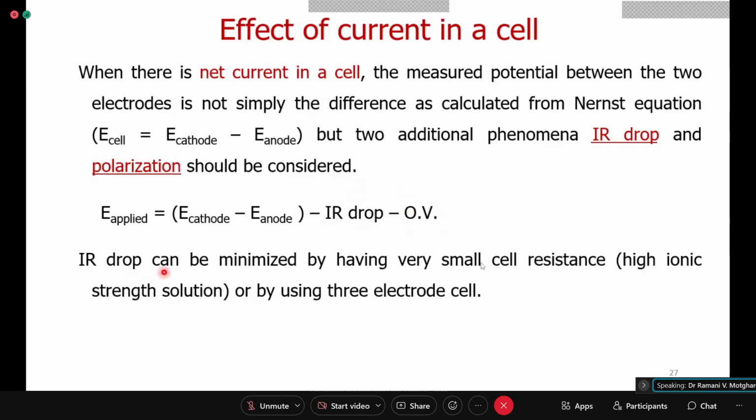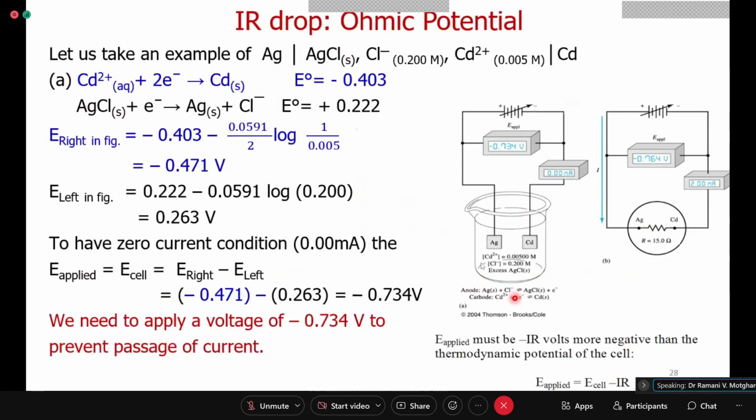Now IR drop can be minimized by having very small cell resistance, by using a high ionic strength solution, or by using a 3 electrode cell. And the ohmic drop here is explained like this. Let us take an example of AgCl and cadmium, where two electrodes are taken, one is cadmium, one is silver, and they are placed in a solution having cadmium ion concentration 0.005 and a high chloride ion concentration of 0.2.